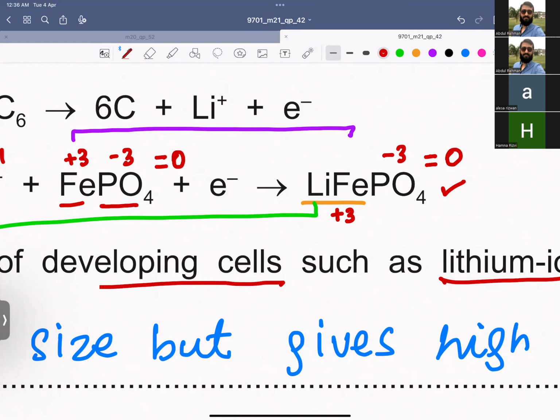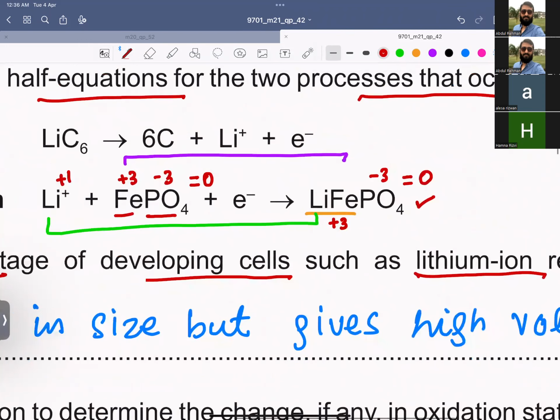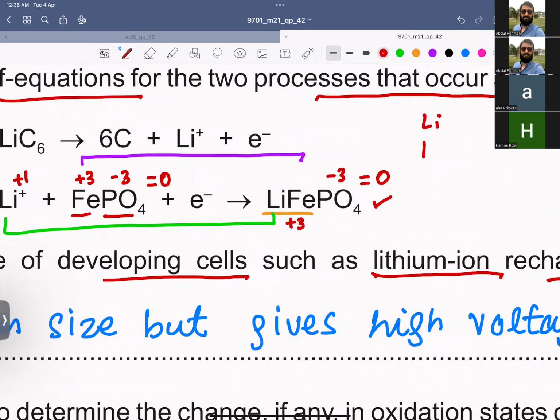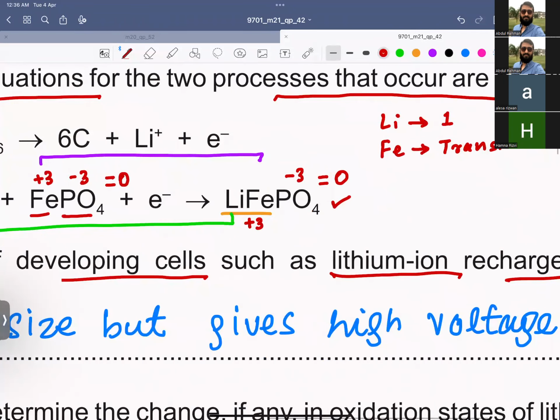Right. Okay. We have 2 elements, one is lithium and one is iron. Lithium is from group 1, right? But when we talk about iron, iron is a transition element, right? Yes. And we all know that transition elements have a property that they have a variable oxidation state, right?